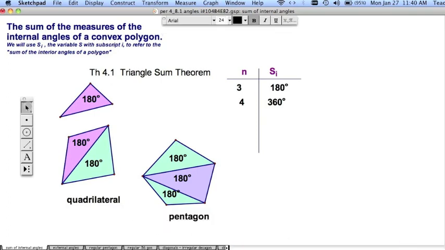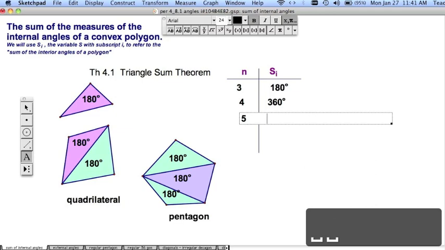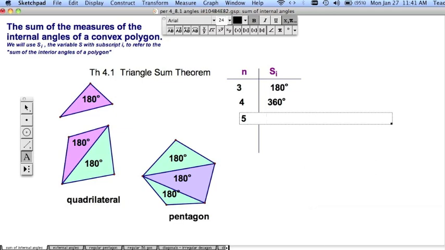Well, don't worry. If you can't keep up, you can always fill in the gaps and play back the recording. But you'll get a minute to go back to it, fill it in with your friends. Five sides. How many triangles? 3. 180 degrees each time. So 180 times 3.